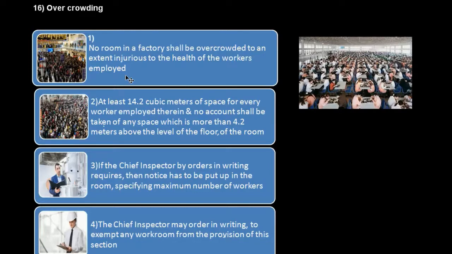So I'll just explain this with an example. Let us consider a room. Now this is a top view of a room. This room has ventilation and capacity for just 5 people.